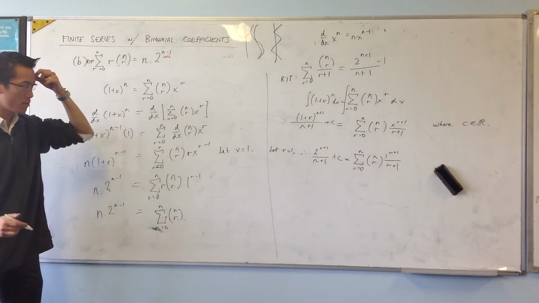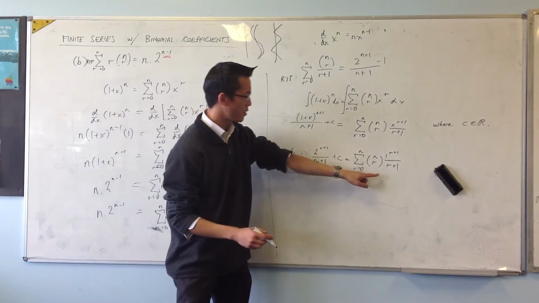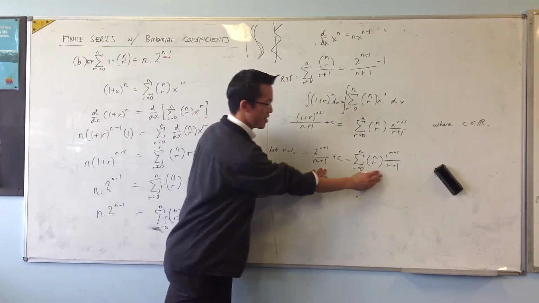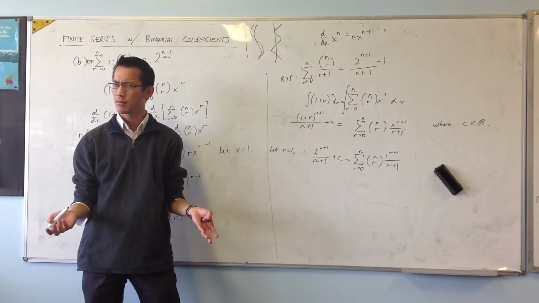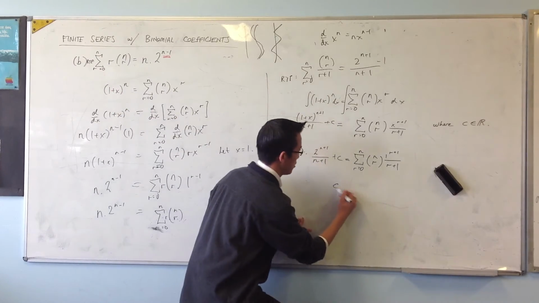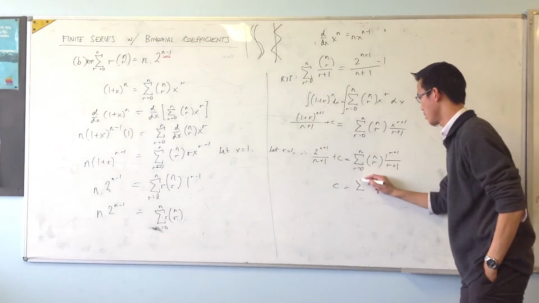Okay? All right, but hold on a second. Some of these things are equal, like this thing and this thing, they're both constants, aren't they? Aren't they? So this constant here should be equal to this sum.